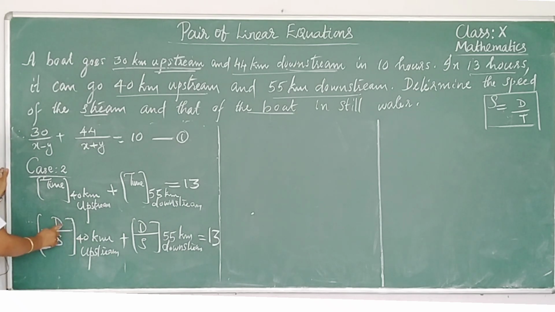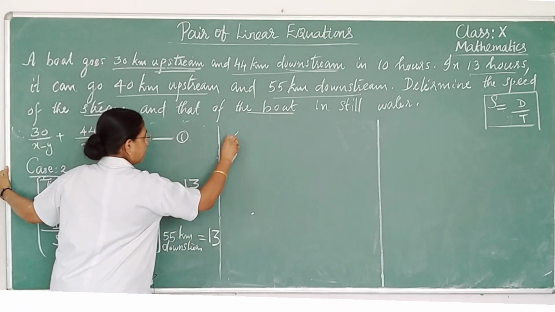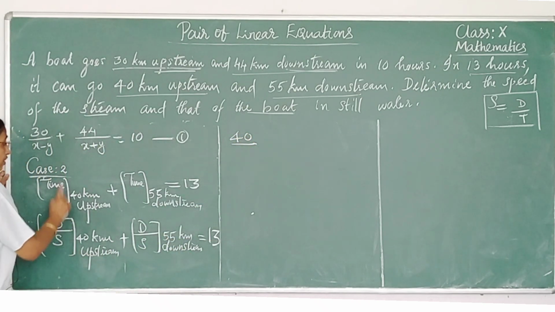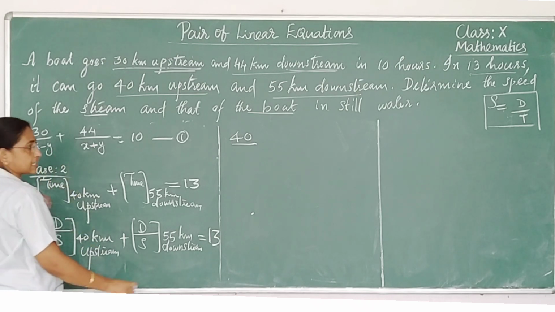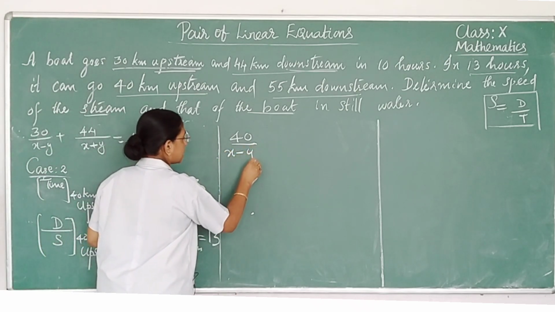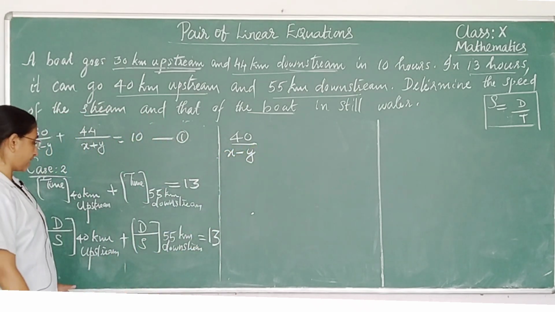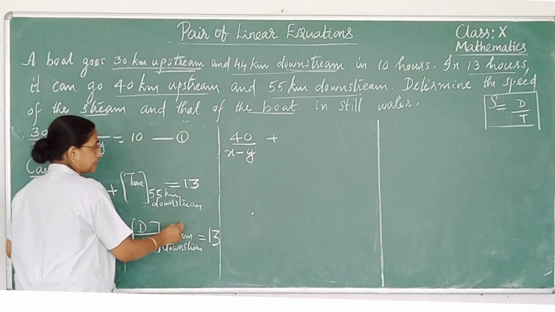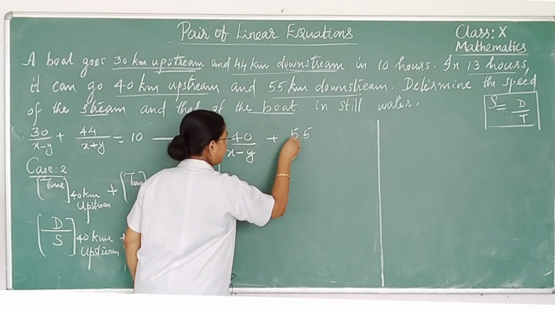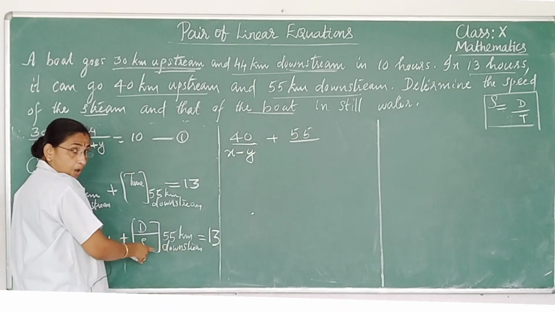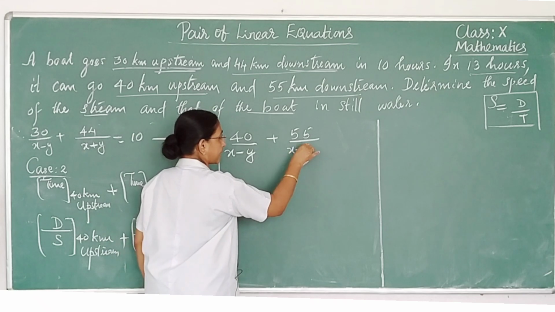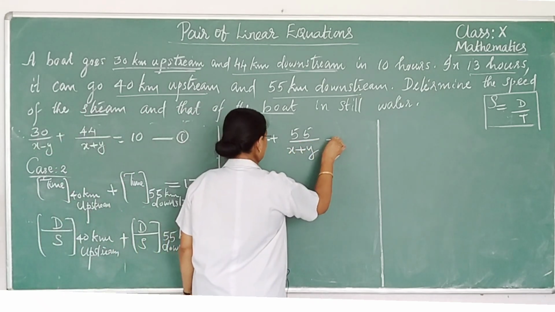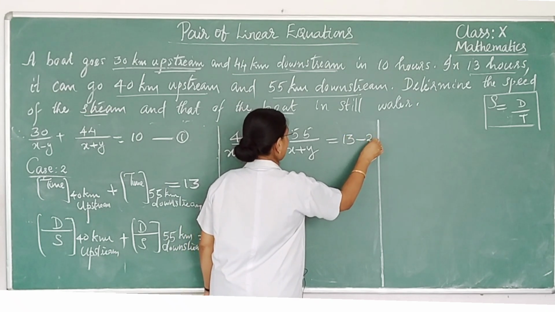Distance here is 40 by the upstream speed. Speed upstream is x minus y, if x is the speed of the boat. Plus distance by speed: 55 by the downstream speed, x plus y. Always remember downstream speed is x plus y, which equals 13. This is your equation number 2.